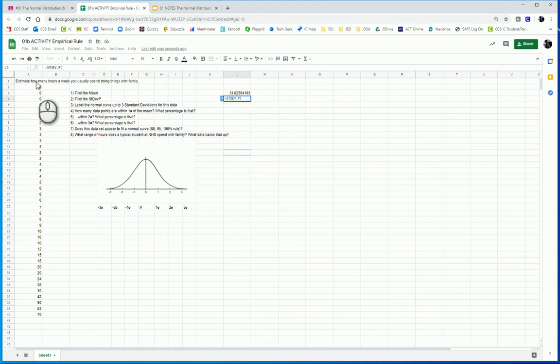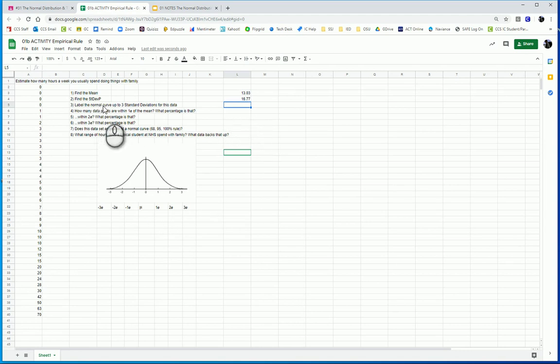And then again, select the range, A2 to A40. And let's just round that down a little bit to make it a little bit more palatable. Of course, Excel remembers the exact value. Okay, so that's there, 13.03 plus 16. So our mean is 13.03, and our standard deviation is 16.7.